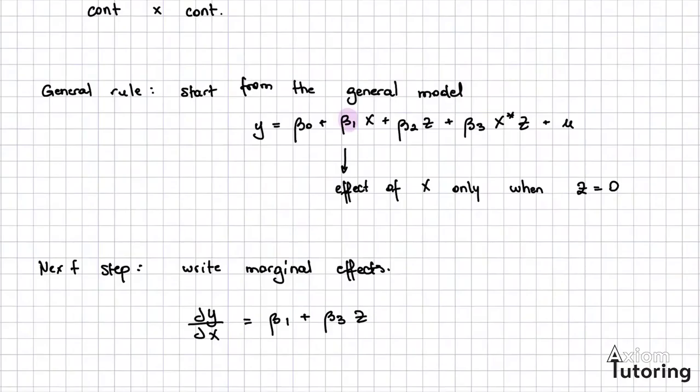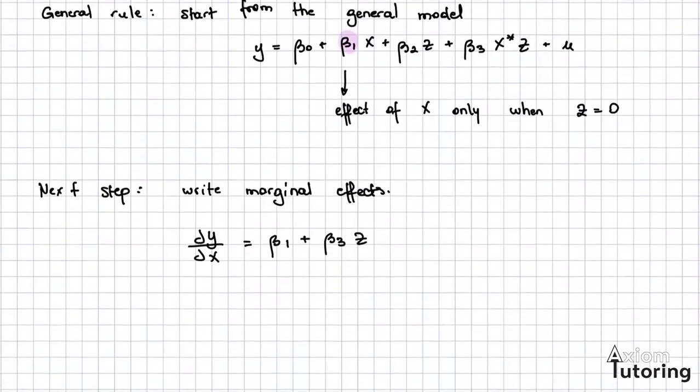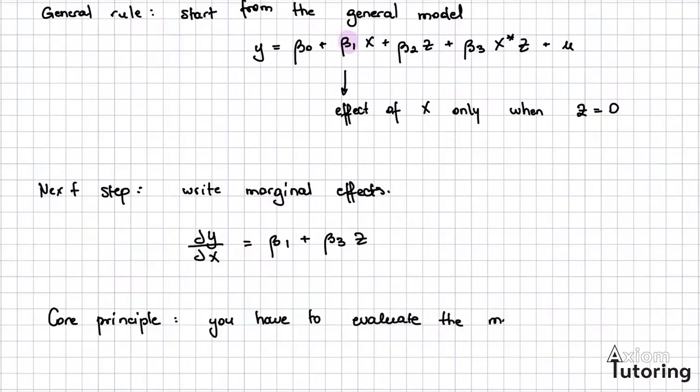Now, what is the core principle that you have to keep in mind? The core principle based on this thought process is that you have to evaluate the marginal effects at specific values of z.